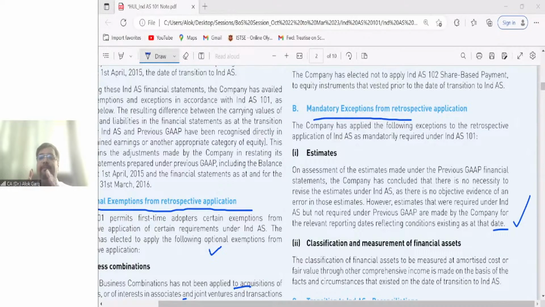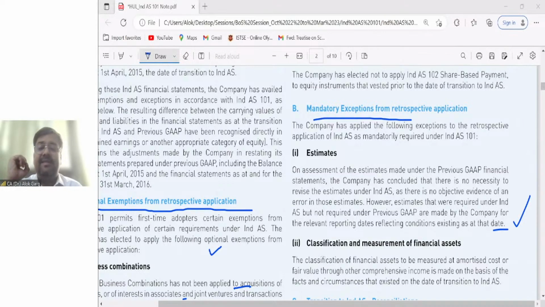But in IGAAP, in Indian GAAP, the company has sold the debtors even on a recourse basis, but still it has been derecognized from the books of accounts in Indian GAAP, right? And it was long ago. Now the transition date is 1st April 15, and this debt has been derecognized from the books in 2012, right?